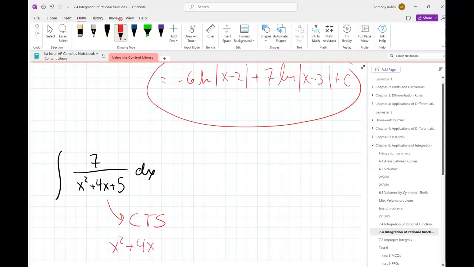You remember how we learn these things and they don't come back? It all comes back. So here's the trick. I'm just going to rewrite this as x squared plus 4x plus 4. So now I can do a u sub.